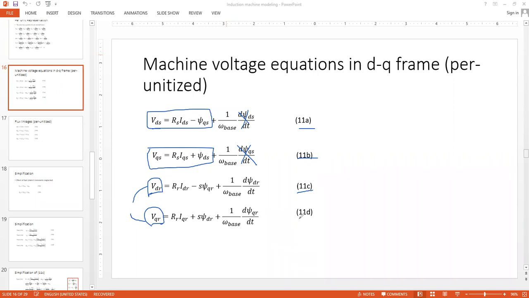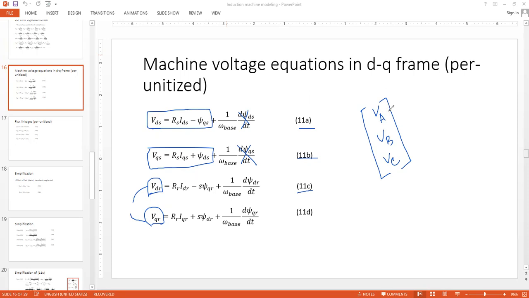Shafiullah, can you say what should be the value of VDR and VQR? Or even don't bother about VDR and VQR, let's say VA, VB, VC in the ABC frame. If you are confused, let me make it easier for you.